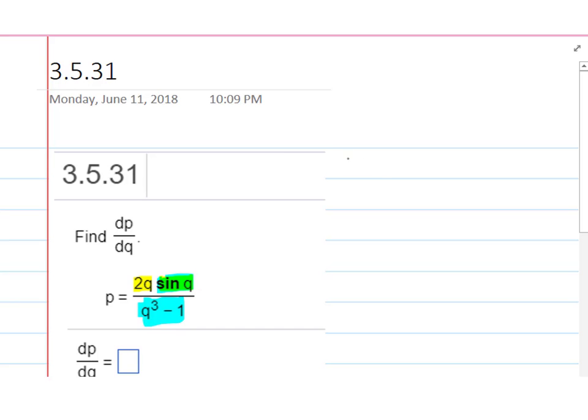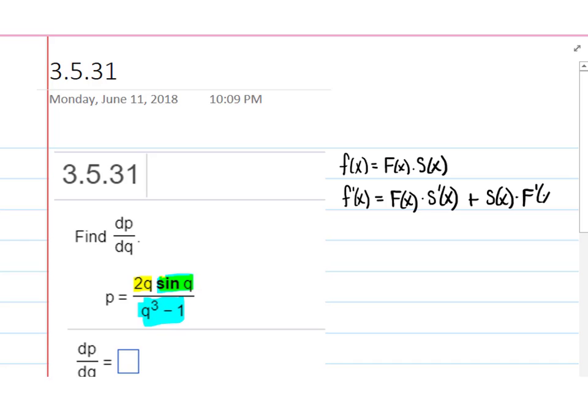So the product rule says that if you have a function f of x, which is equal to a first function of x times a second function of x, we'll call them capital F for first and capital S for second, then the derivative of the product is the first part of the product times the derivative of the second plus the second part of the product times the derivative of the first.